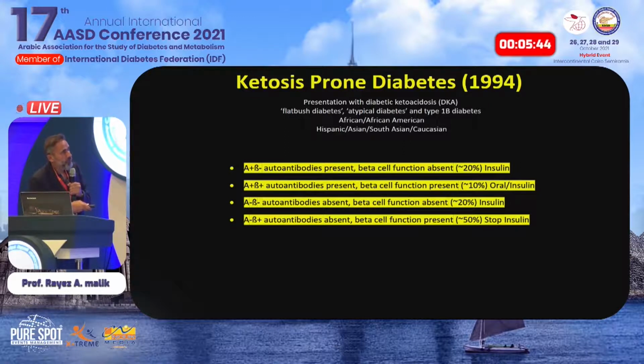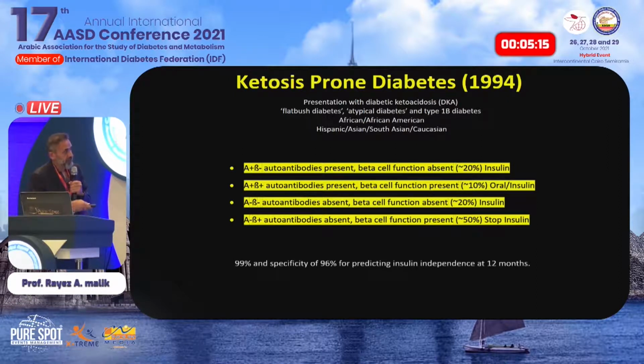If you have antibodies present, but the beta cells are working, then you can manage them with oral medication and or insulin. If antibodies are negative and beta cell function is absent, you need insulin. And if you have antibodies negative but the beta cell function is present, that's about 50%, you can actually stop insulin after their acute presentation.